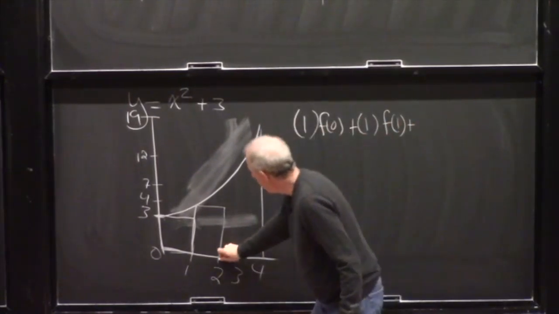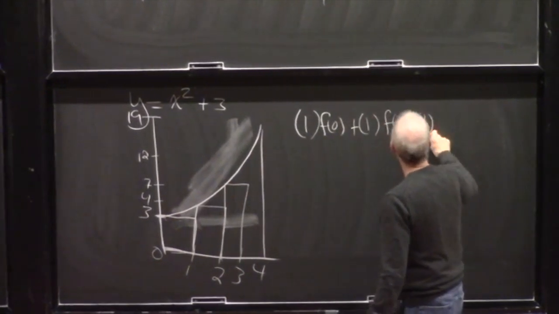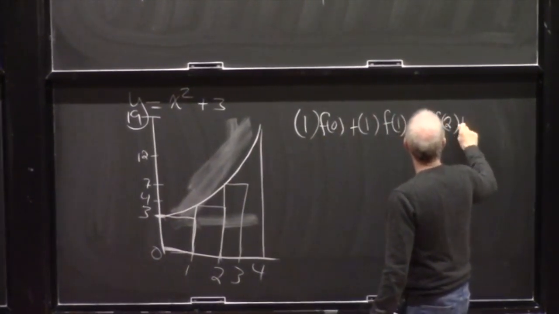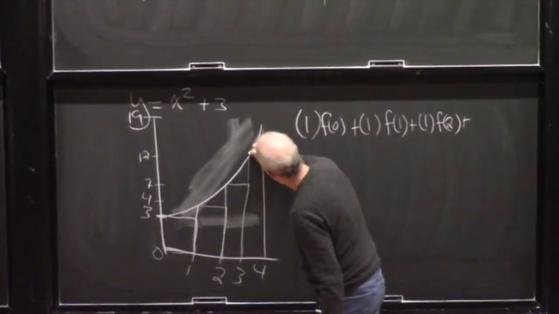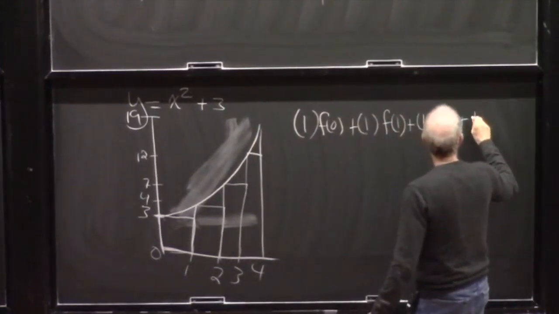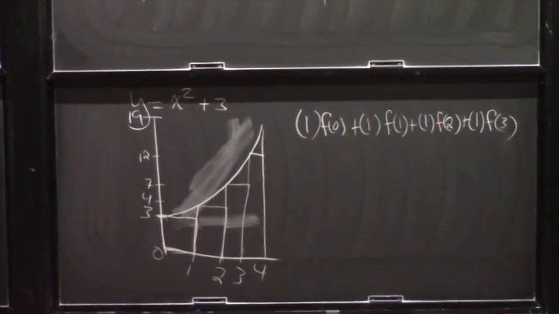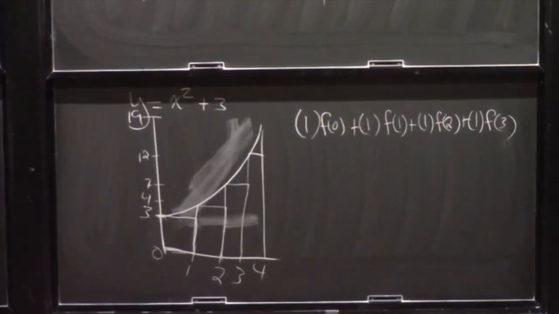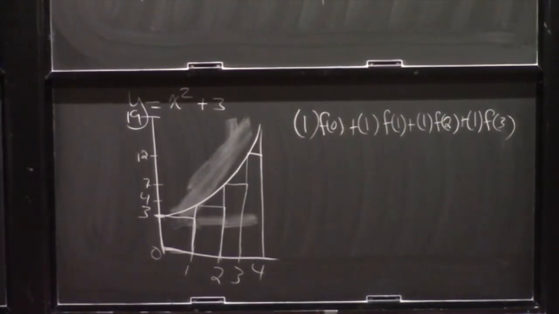So the next one, I go up to 2 and across. And then for the last one, I go up to 3 and across. Okay? So to get the height of each rectangle, you're going to use the y value. And the y value is found because you're getting it from the curve, okay?